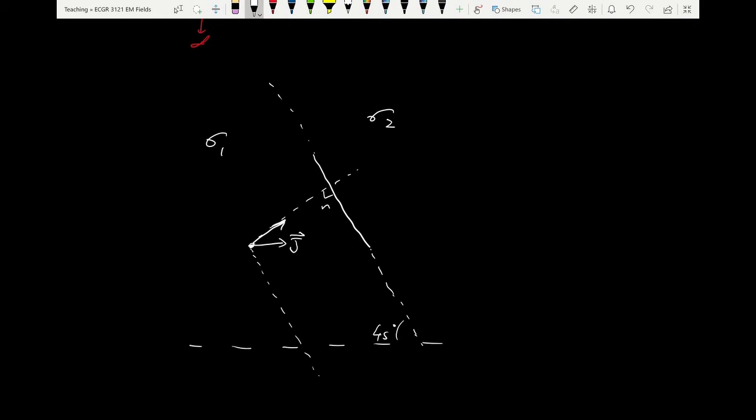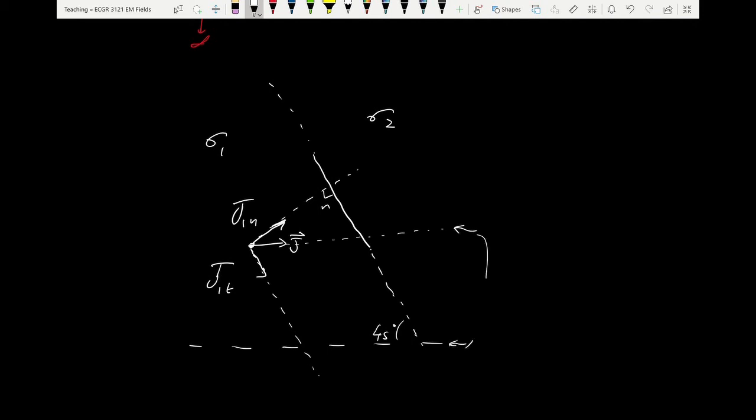So we need to find J1n, and then I need to find J1t. Because remember, at the interface, the normal and the tangential components transition through the interface differently. So I need to find some angle here, right? I need to find this angle. What's this angle? Well, let me extend this like this. So I know that this is parallel to this.